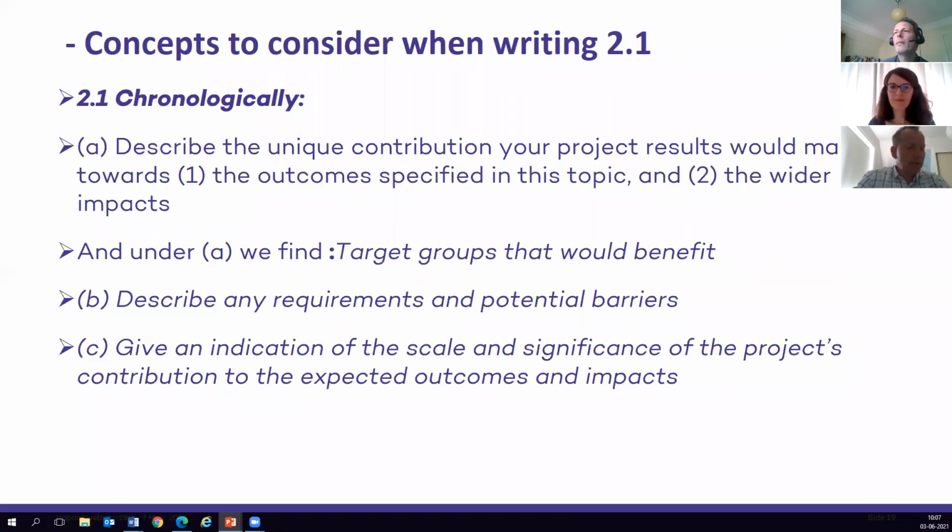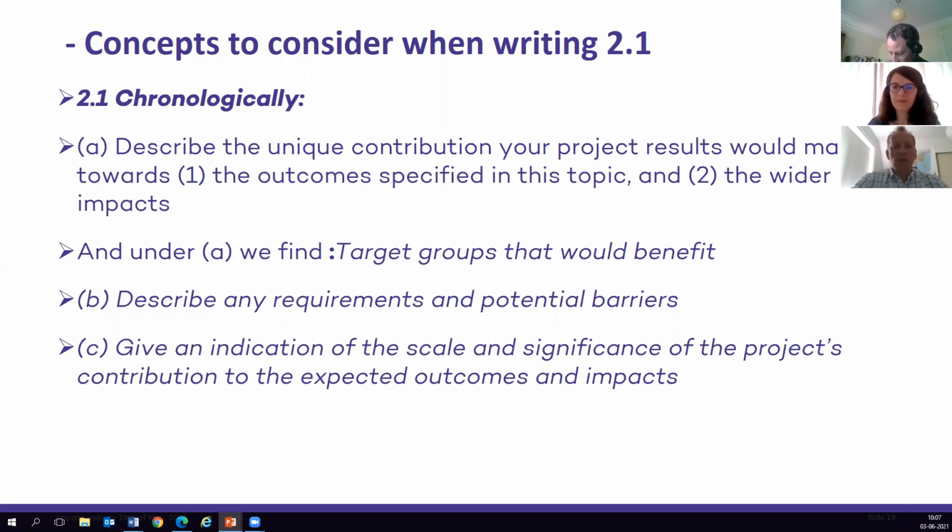normally here in Eurocenter we are quite religious about following the order of the template, so to speak. But since we have the commission here and it is your template, I want to ask your take about whether to rearrange maybe, because I find it just a bit illogical here in A. Then you describe how your project's results will contribute towards the outcome specified in this topic and the wider impacts.